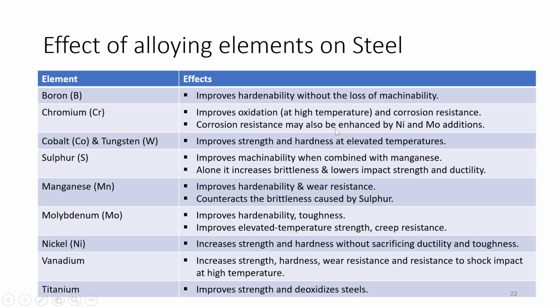Compared to other elements, if they improve the strength they deteriorate the ductility, but not with nickel, which also doesn't sacrifice toughness. Vanadium increases strength, hardness, wear resistance, and resistance to shock impact at high temperatures. Next is titanium. It improves strength and deoxidizes steels.